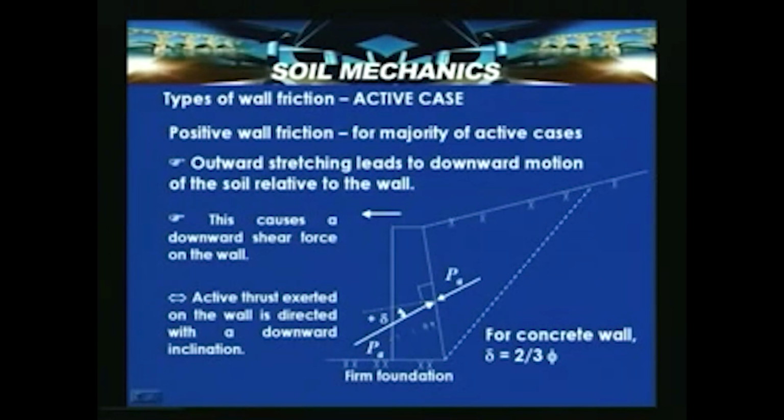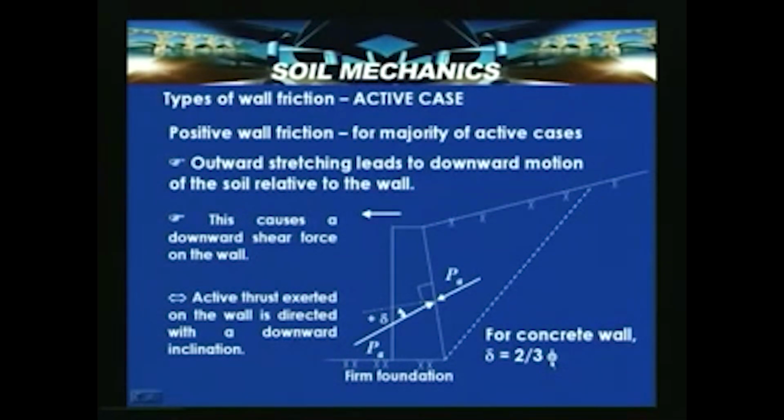This case is referred to as the positive wall friction active case. For concrete walls, the wall interface friction angle is 2/3 times the friction angle of the soil.